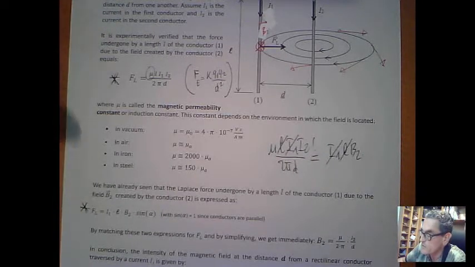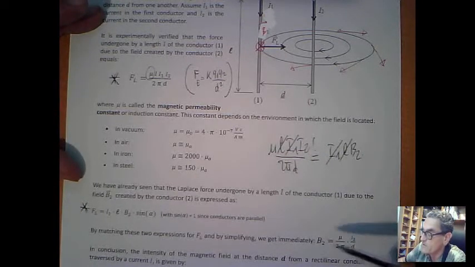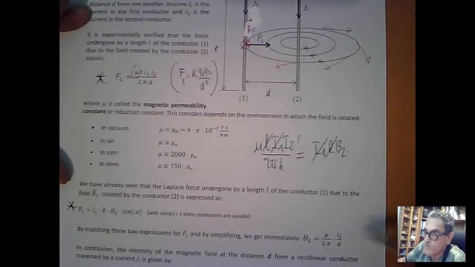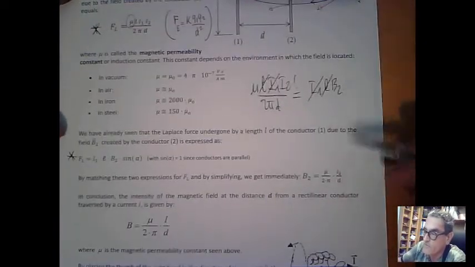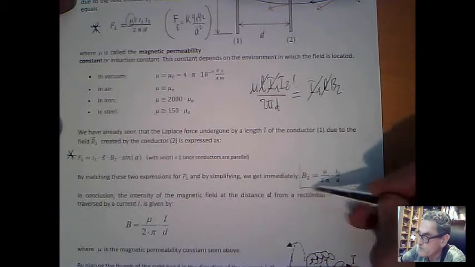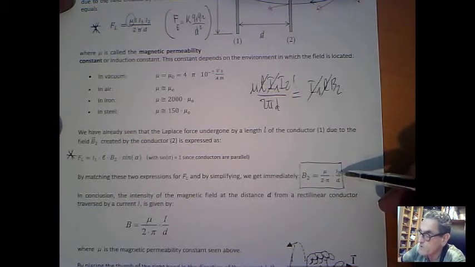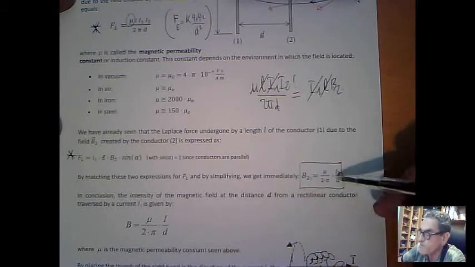This is a general expression for the magnetic field created by a current I2 if you are standing at a distance d from the conductor and if you are in vacuum. So this is a general law. It's formulated now for the current I2, and it gives the magnetic field B2.